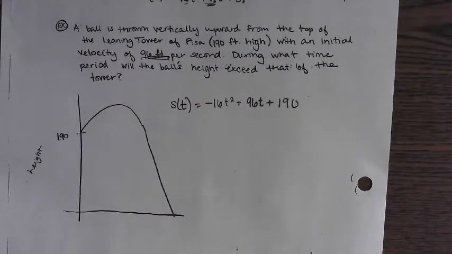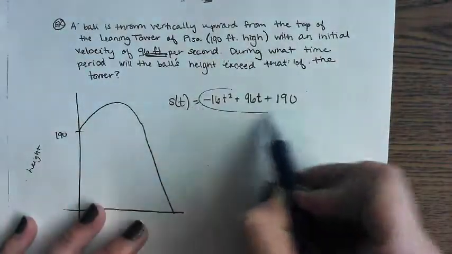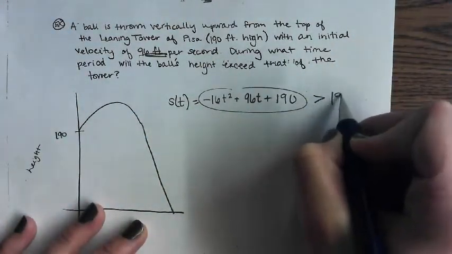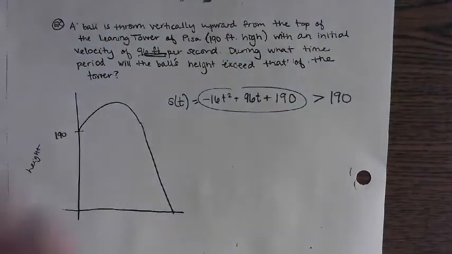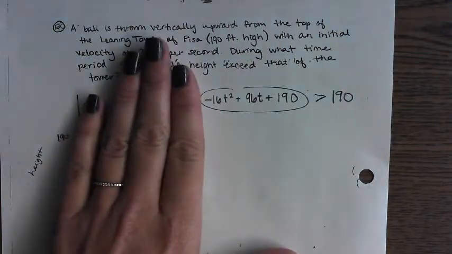It's a slow Monday. Now, question is, during what time period will the ball's height exceed that of the tower? Meaning, at what time will it exceed 190? So when will this exceed 190? Is essentially what we're solving. Does that make sense?